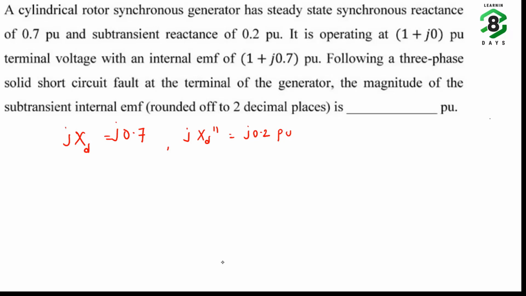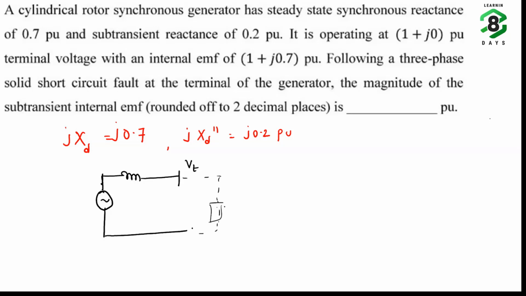So, the internal EMF, if you draw the synchronous generator, this is the reactance. This is the terminal voltage VT. This is the rest of the circuit, which has some load and everything.